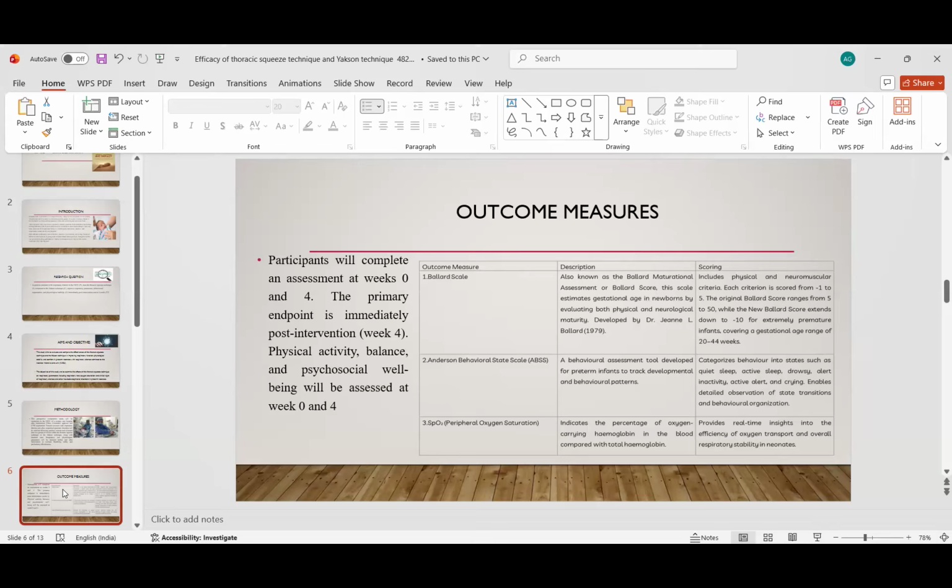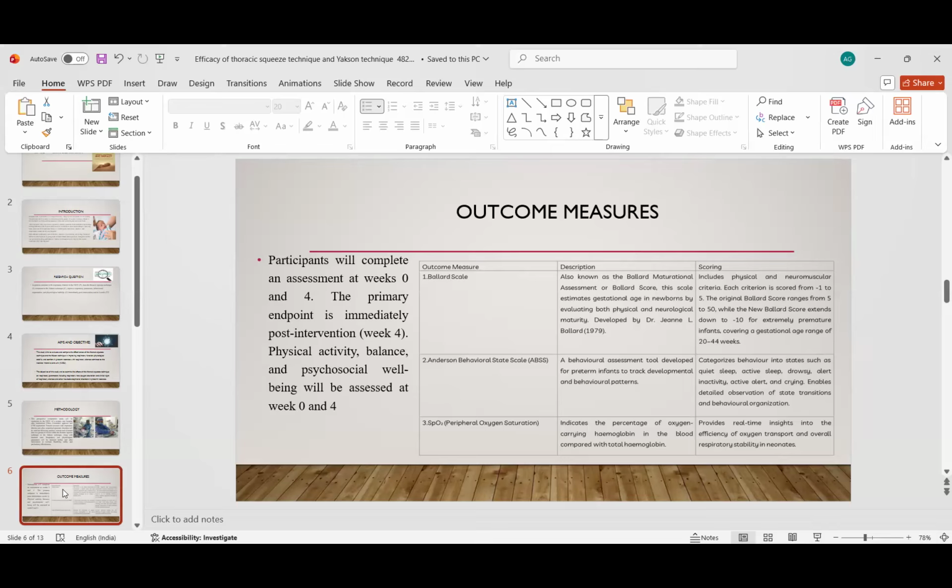It is also very important in order to check any kind of deformity and any kind of neuromuscular developmental disorder. It categorizes behavior into quiet sleep, active sleep, inactivity, active alert, moderately alert, with detailed observation of the state and behavioral organization.